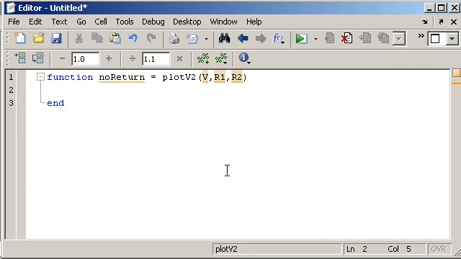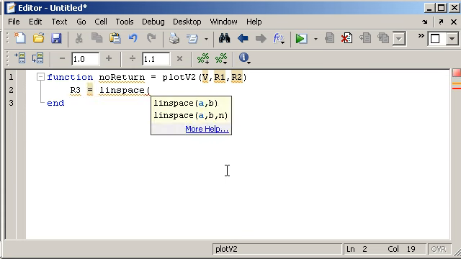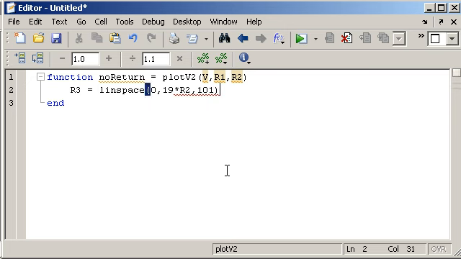Switch over to the editor and go R3. So it's an array equals linspace of 0, 10 times R2, 101. See, it looks smooth enough with 100 values, and that was supposed to be a 10. 10 times R2.